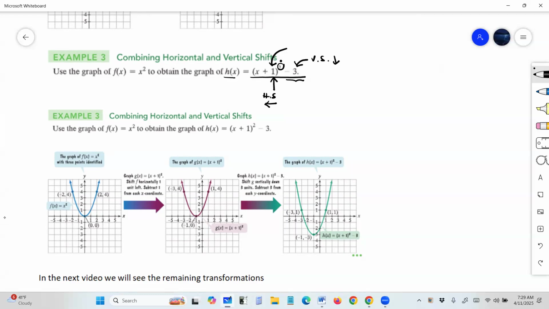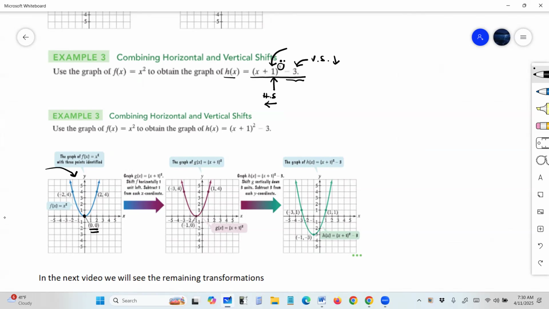So I have 2 transformations, and I already know this is the quadratic function. My first step is to graph the quadratic function, the parabola in standard form, at position 0, 0 with the vertex. And then I can do whichever transformation I want to do first.